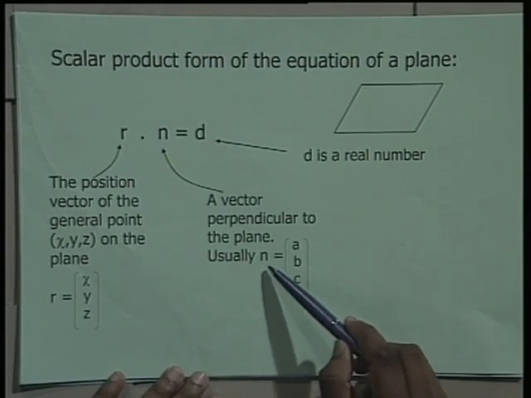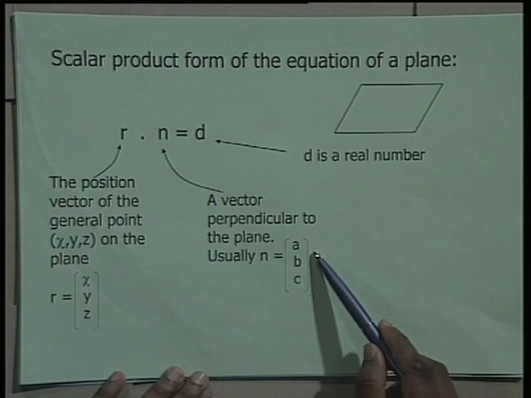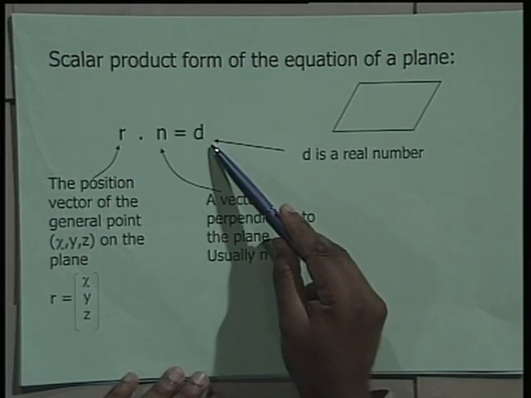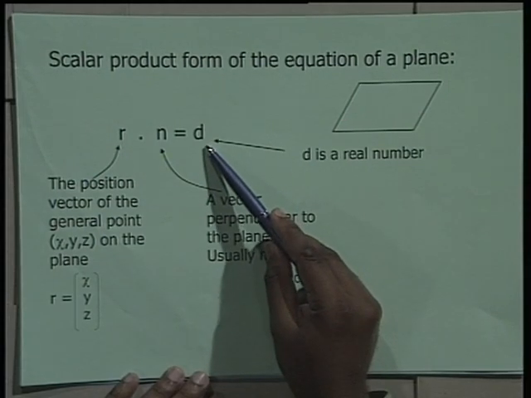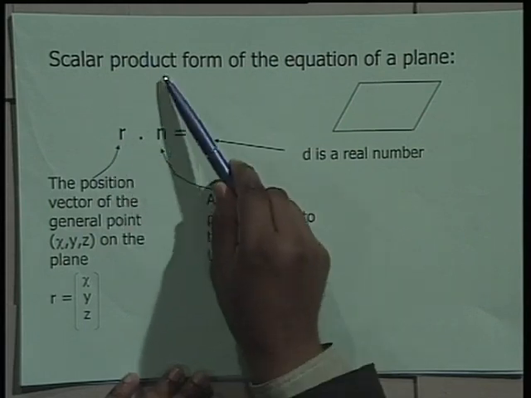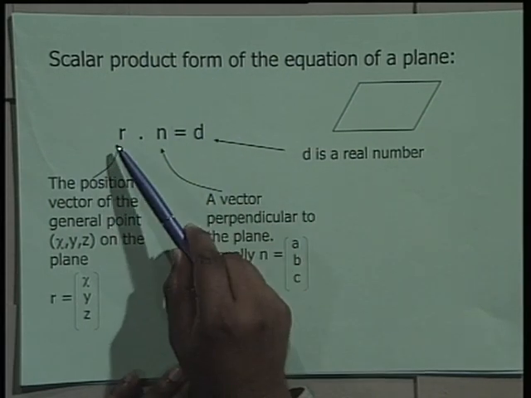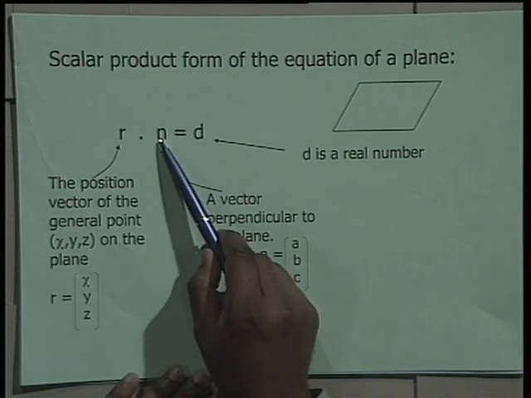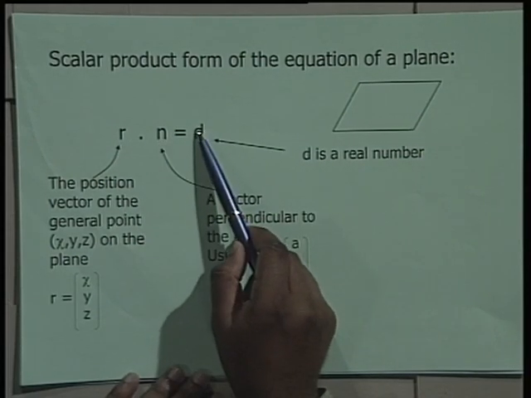Generally, we will express n as the column vector a, b, c. d is a real number. So there are three terms in the equation of plane in the scalar product form: the position vector, the vector perpendicular to the plane, and the real number.